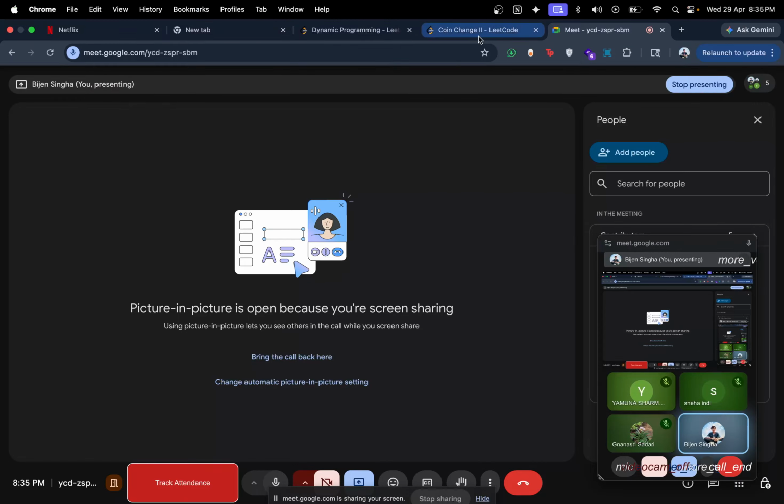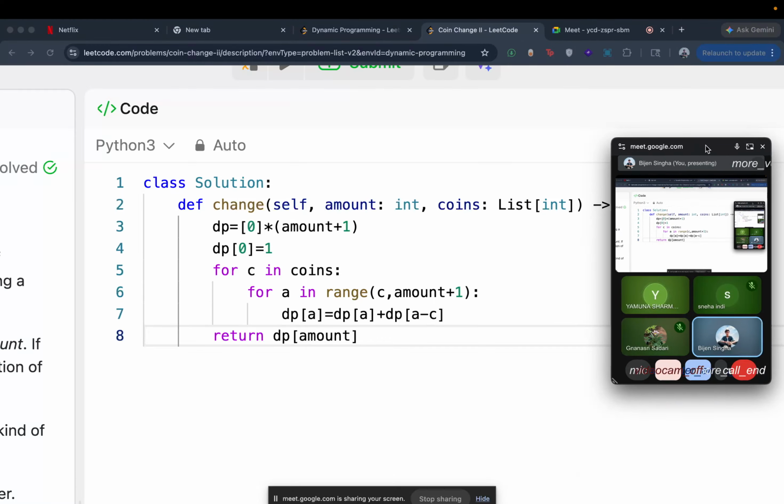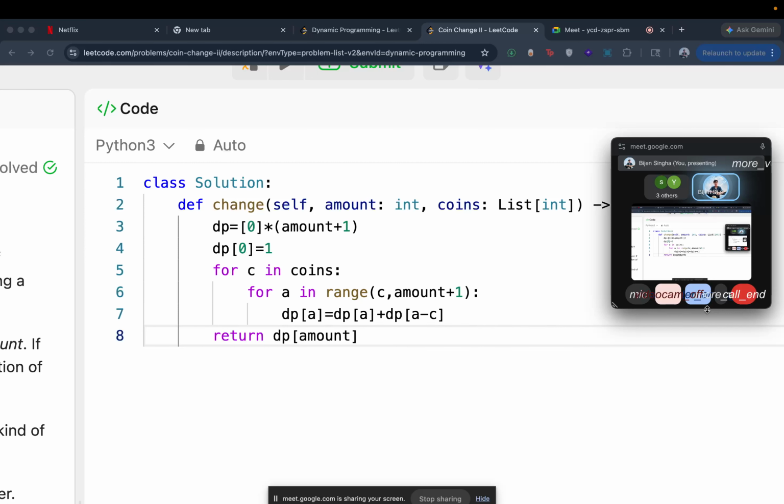Understood, everyone? Yes, sir. Any doubt? Code is very simple, right?